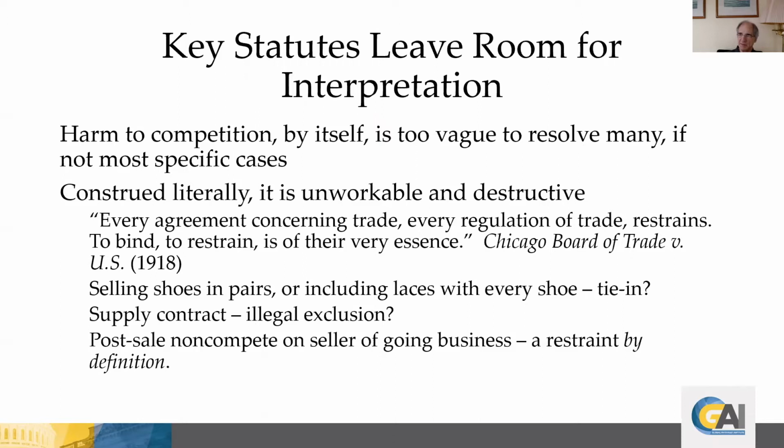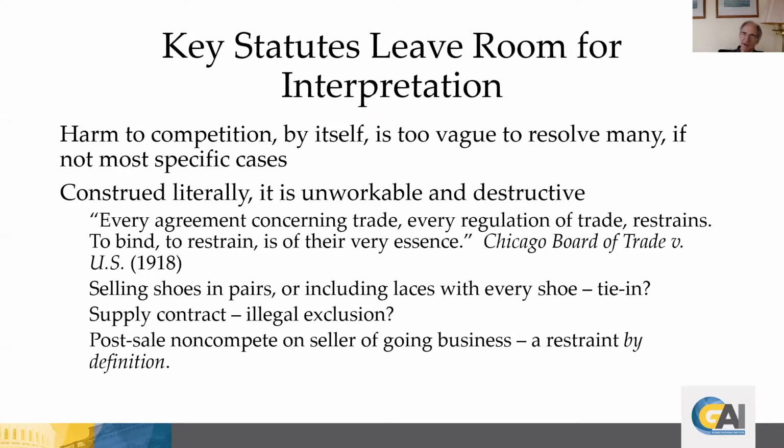And even if you were to allow the sale of shoes in pairs, maybe it would be a restraint of trade to include laces with the shoes, so the consumer didn't have the option of selecting laces of his own preference.